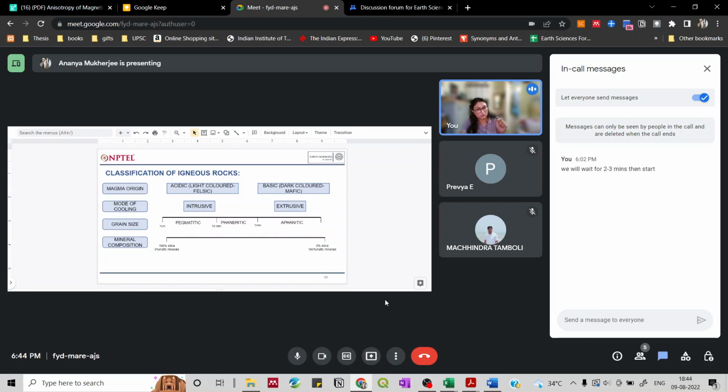Each crystal takes time and cools in the proper crystal structure. You can see these crystals with the naked eye in a hand specimen also. These are coarser grains, where you can see the mineral grains.